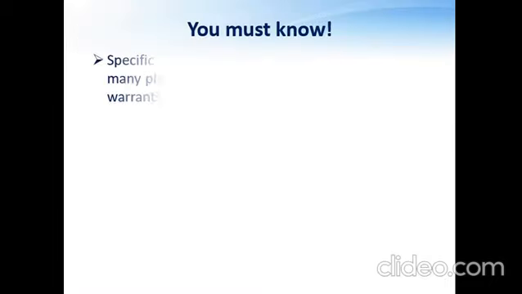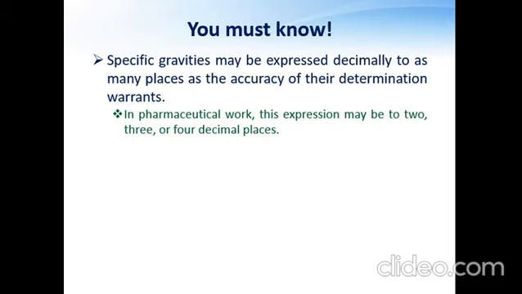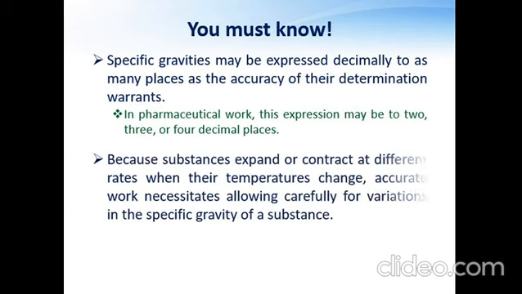Something you must know. Specific gravities may be expressed decimally to as many places as the accuracy of their determination warrants. In pharmaceutical work, this expression may be to 3 or 4 decimal places, because substances expand or contract at different rates when the temperature changes.